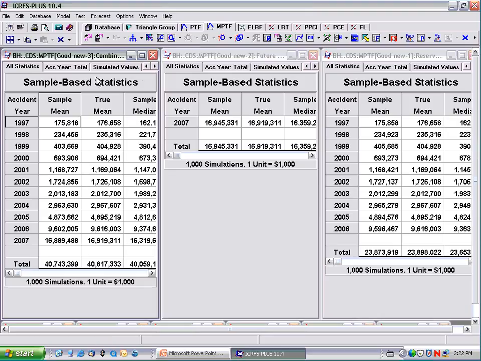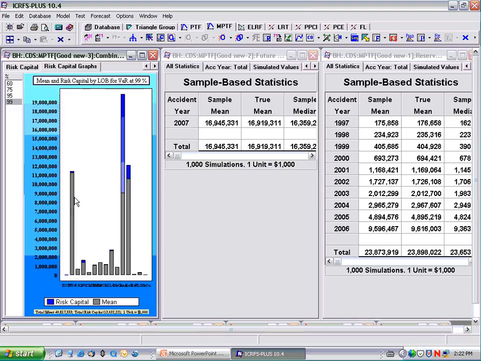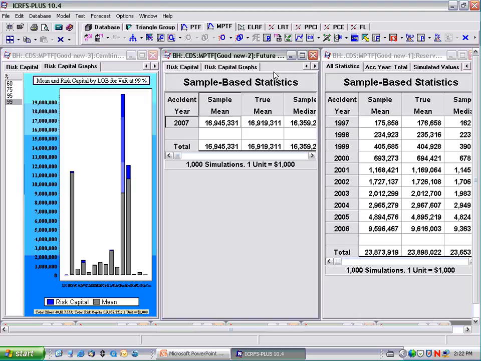So this is the combined. Let's look at the combined. This is combined. This one is going to be the future underwriting year.